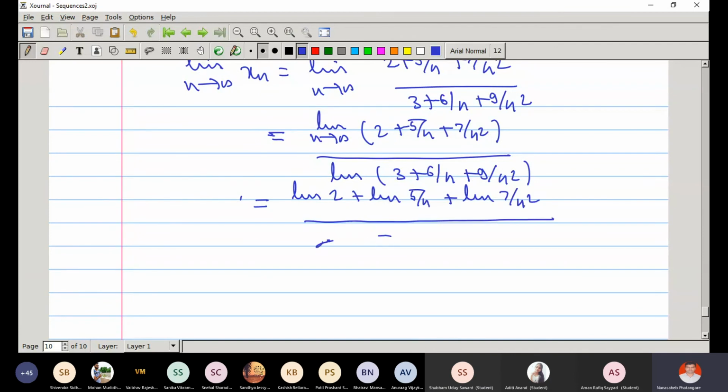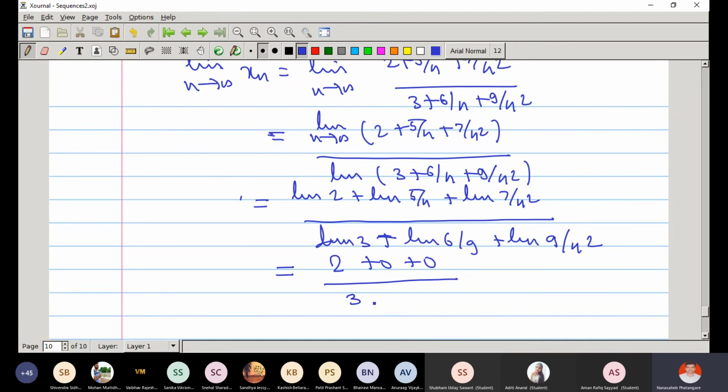In the denominator same thing: limit of 3 plus limit of 6 by n plus limit of 9 by n square. And then what is this limit? Limit of a constant sequence is itself. So 2, limit of 5 by n is 0, limit of 7 by n square is 0, divided by limit of 3 is 3, limit of 6 by n is 0, limit of 9 by n square is 0. So ultimately the limit is 2 by 3.